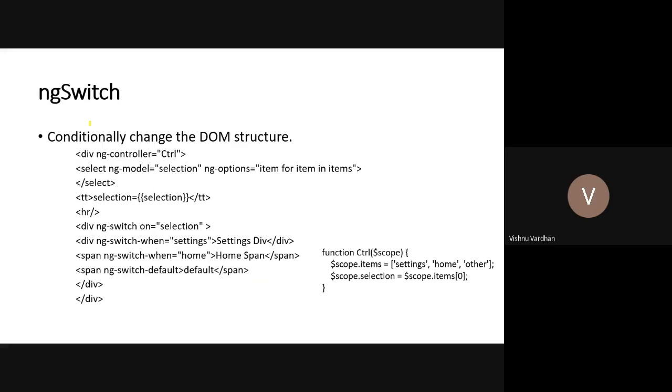Then there is ng-switch. This conditionally changes the value in the DOM structure. First of all, you need to provide a scope object. The ng-controller function which we are calling here is given some collection of items, and it is going to have a selection also. The selection is scope.items[0], which means that by default it is selected with the settings.